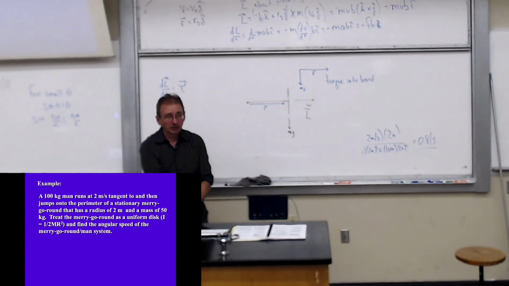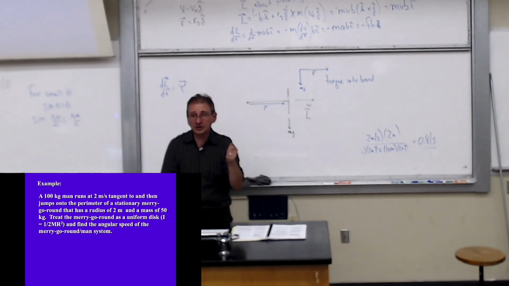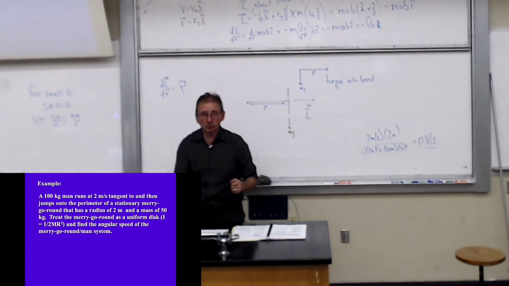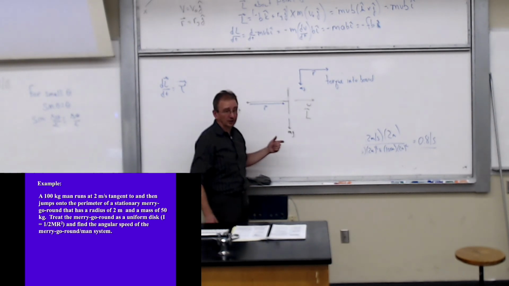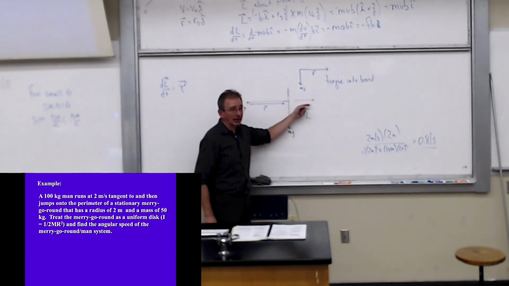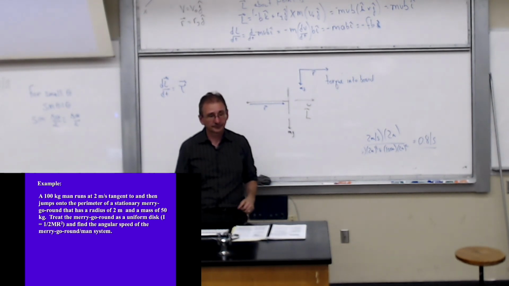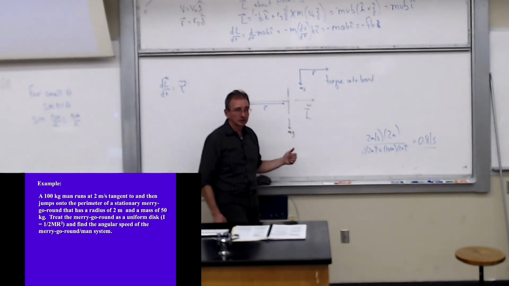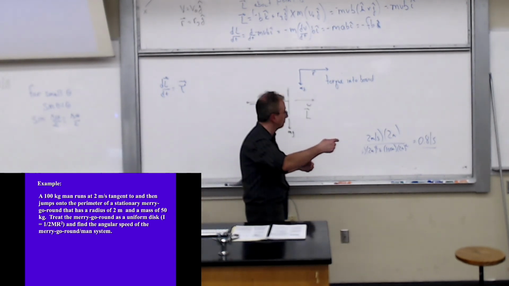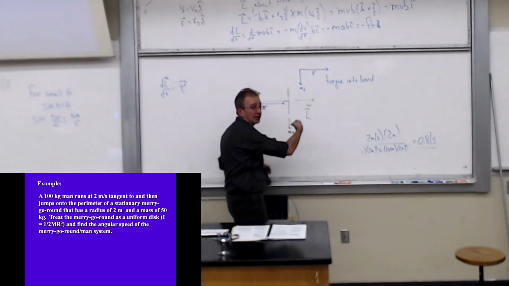The angular momentum magnitude is not going to change. The only way the magnitude would change is if the torque vector was either parallel or anti-parallel to omega. And that's not the case. The torque vector is into the board.